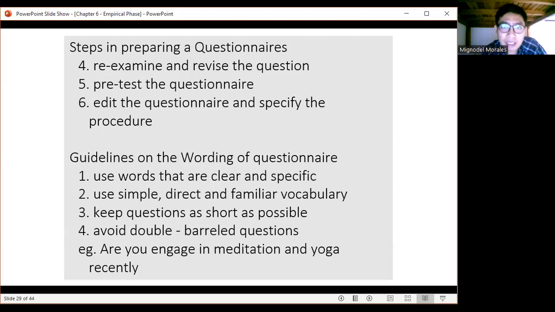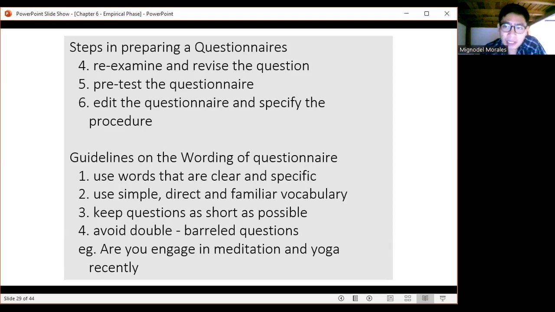Again, re-examine and revise the questions. You will read and reread all of your questions, and check if each is under a specific objective. Do a pre-test, edit the questionnaire, and specify the procedure.